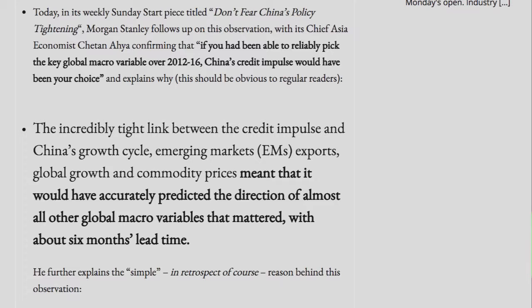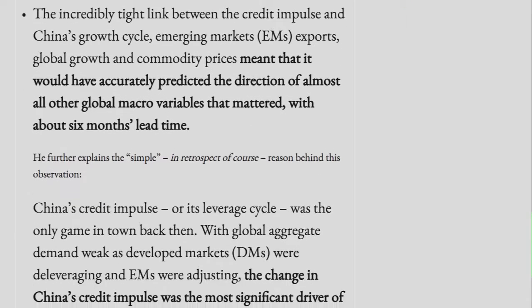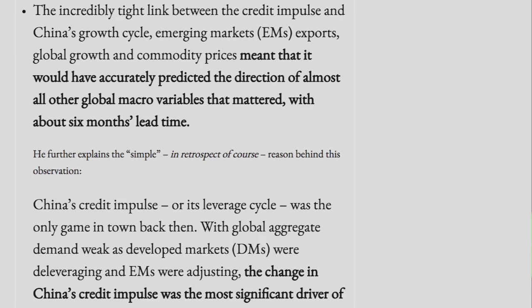The incredibly tight link between the credit impulse and China's growth cycle, emerging markets exports, global growth, and commodity prices meant that it would have accurately predicted the direction of almost all other global macro variables that mattered, with about 6 months lead time.